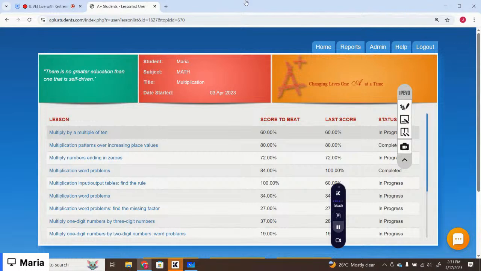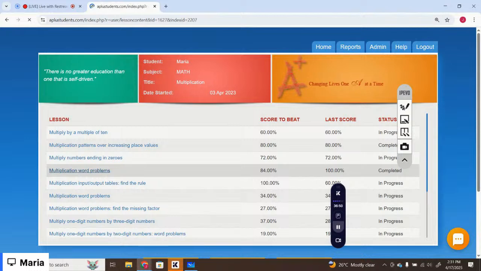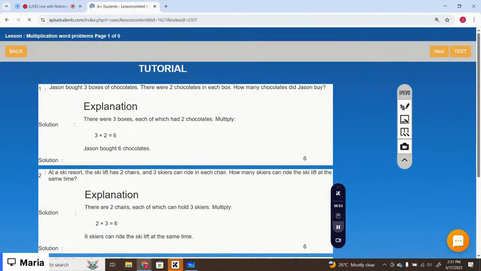The next lesson is multiplication word problems. Jason bought 3 boxes of chocolates. There were 2 chocolates in each box.